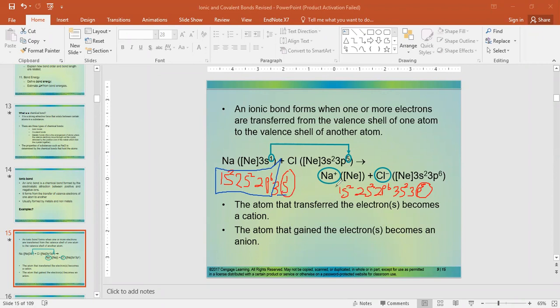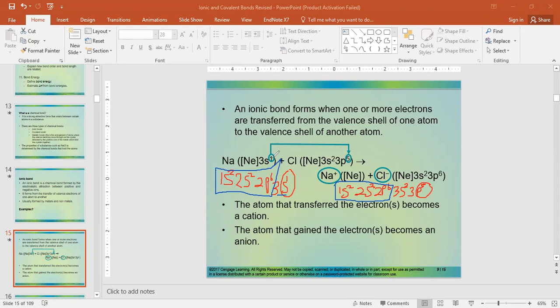Likewise, if you look at what we have here for chlorine, that again is the electronic configuration of neon, and that is why it is written as neon, then 3s2 and 3p5. So what is happening here is, if you take this electron completely and transfer it, the moment you transfer it, you remain with a neon configuration, because the 3s also goes.